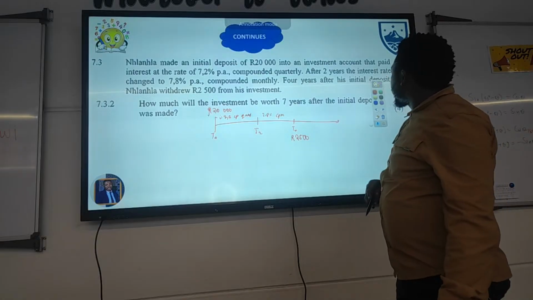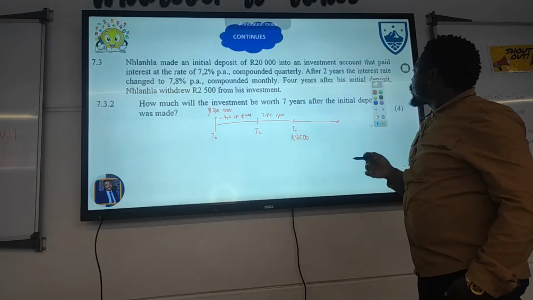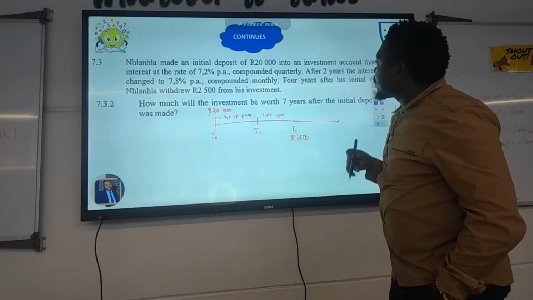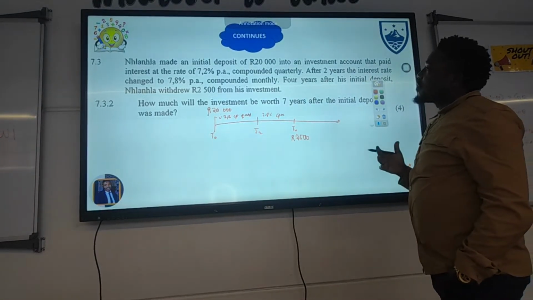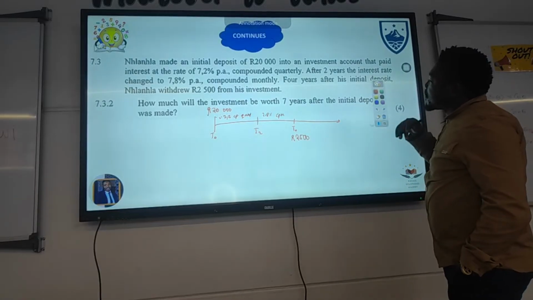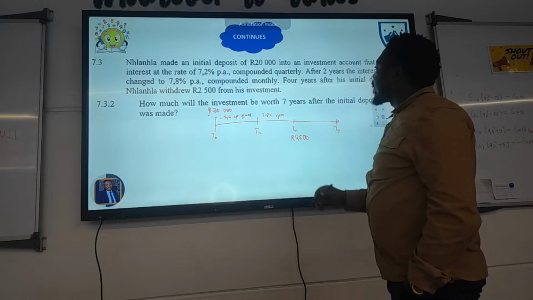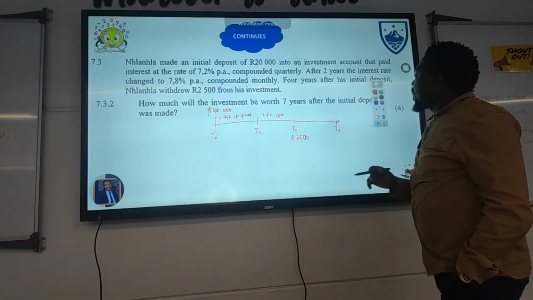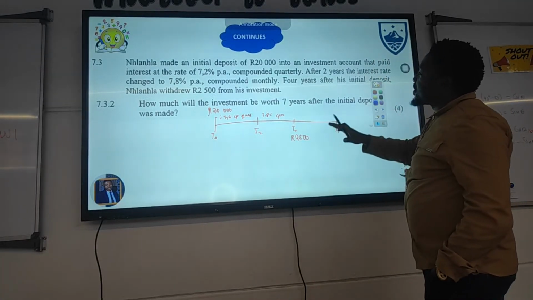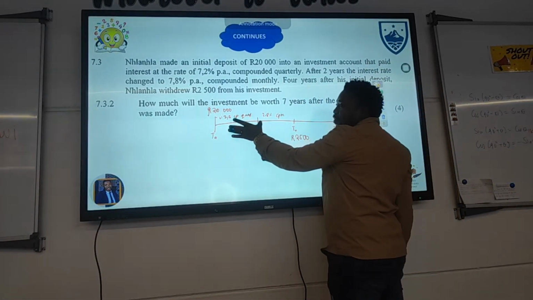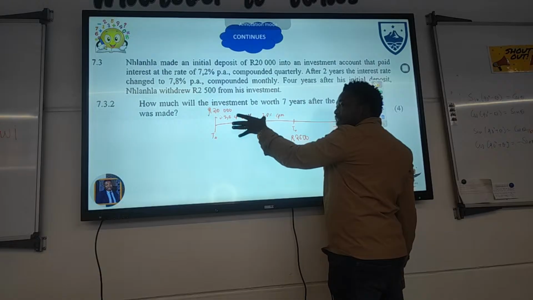Now the question continues to say, how much will the investment be worth 7 years after the initial payment? So they are looking for the value after 7 years. What I want you to understand here is that the interest changed after 2 years, but we still have the money in the account.